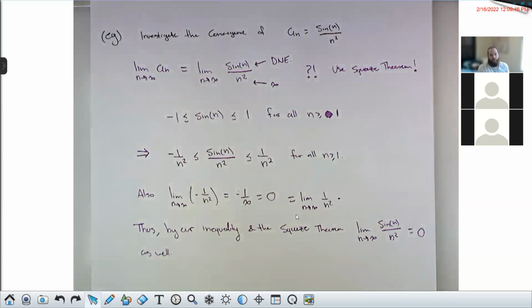And we've done all the work, but we do still need to write down the answer. They told us to investigate the convergence of this sequence. So I need to say whether the sequence converges or diverges. So what can you tell me about this sequence an?